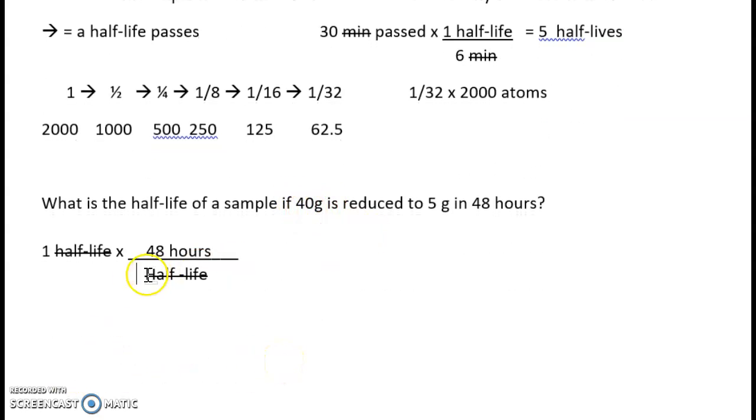What we really need to do is figure out how many half-lives went by in that 48 hours. That's pretty simple if we take the amounts here and reduce them. So you have 40 grams here. That shouldn't be strike through, so let me get rid of that.